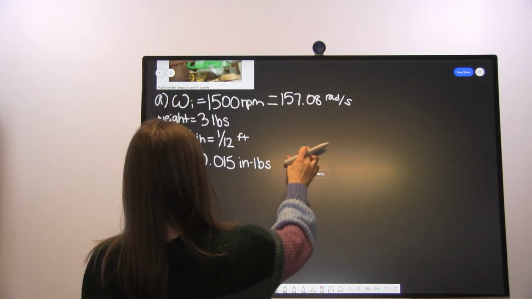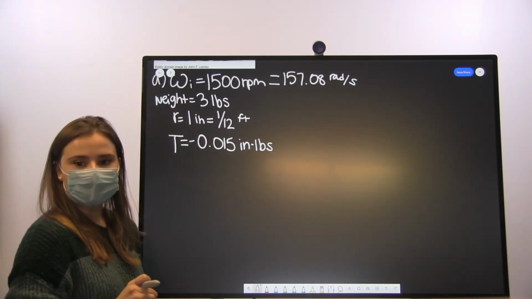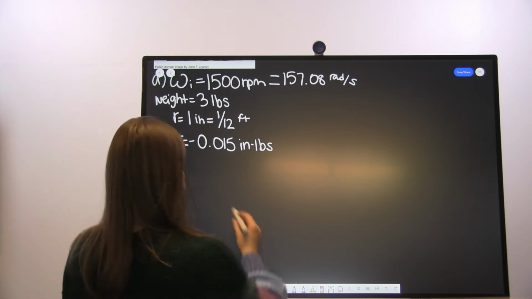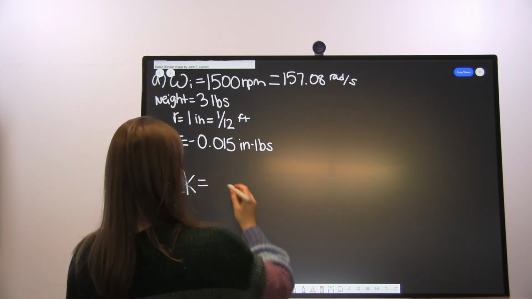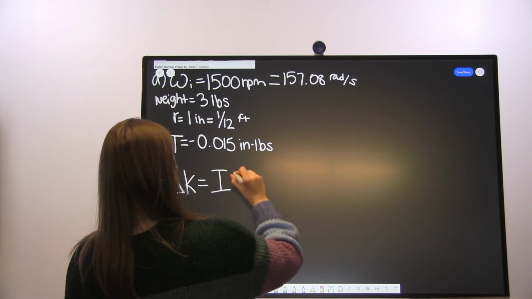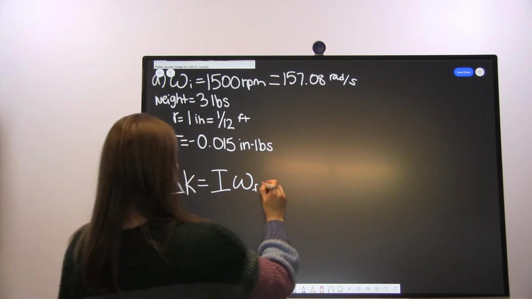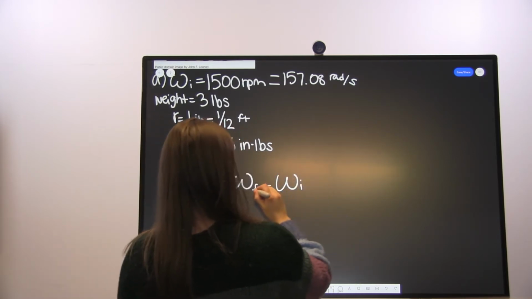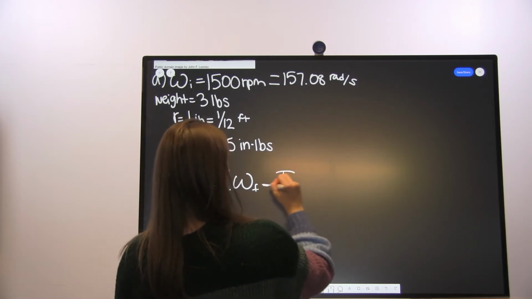So from here, we're going to write down our angular impulse. So delta K is equal to moment of inertia times the final angular velocity minus initial angular velocity.